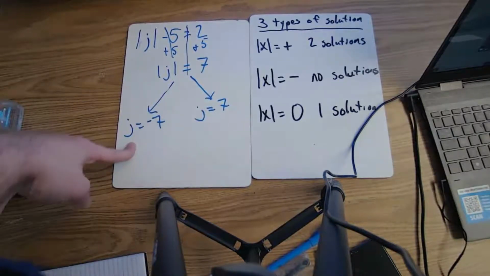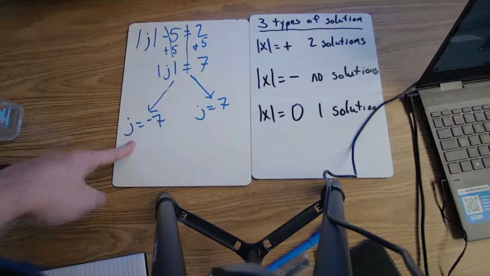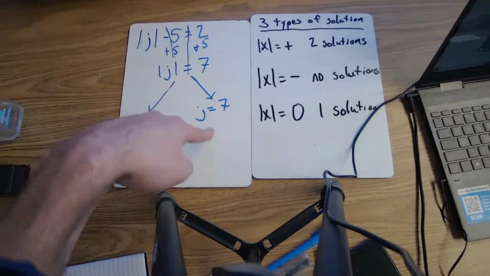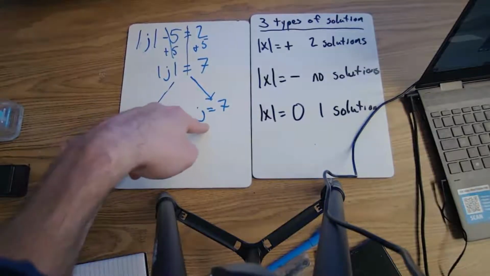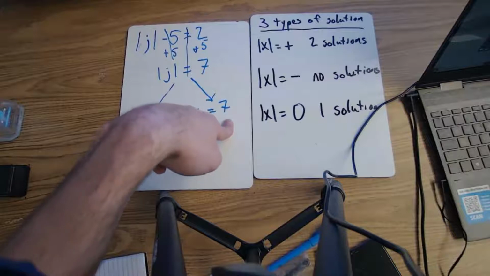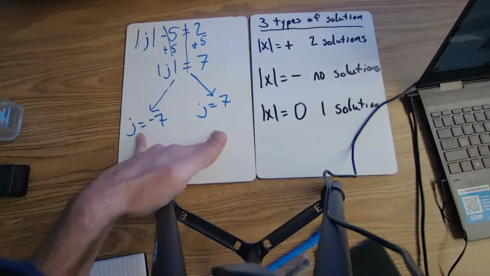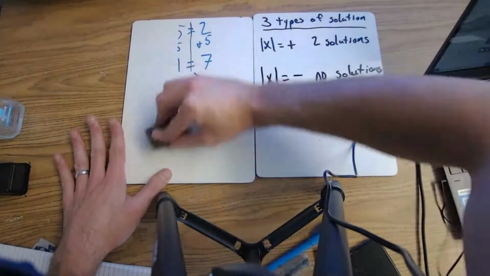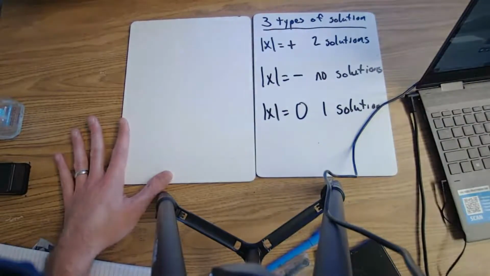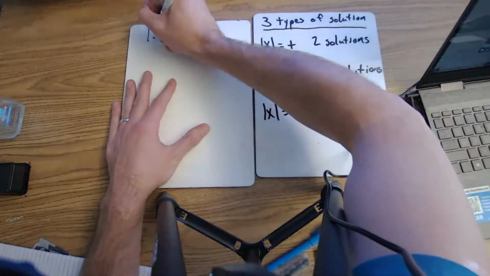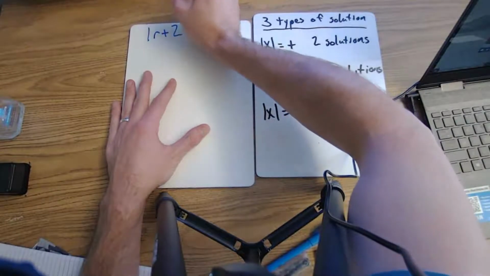One where you write exactly what's in the absolute value bars equal to the negative version of this number, and one where you write out what's in the absolute value bars equal to the positive version of that number. Okay? And there are our 2 solutions. Now, what if we just start off the bat with something like this?